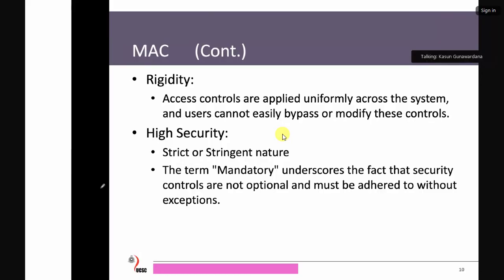That is pretty broad and generic. When it comes to mandatory access control, it does not follow those two models. Instead, it's quite rigid because it's completely security policy based. Whatever the rule, whatever the mechanism the security policies have introduced, that will decide how a user can access data.